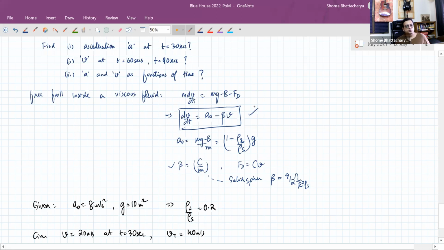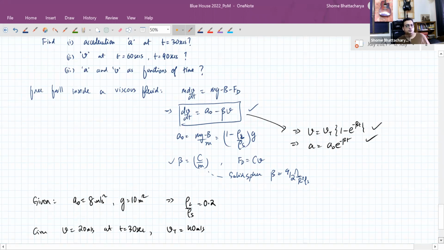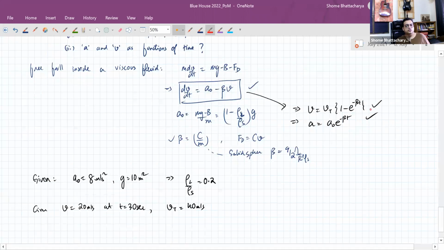Okay. Now, before that, we also understand what it implies, that v is going to be terminal velocity into (1 minus e raised power minus beta t), and a is going to be a naught into e raised power minus beta t. So the moment we have this condition, it implies these two equations. We are going to make use of this. So now this data has to be fitted into these equations.